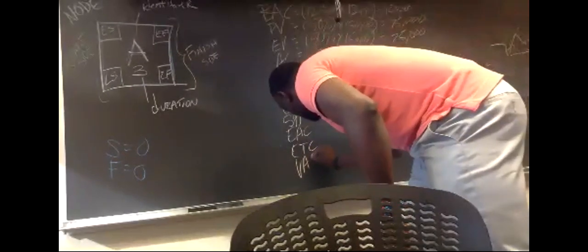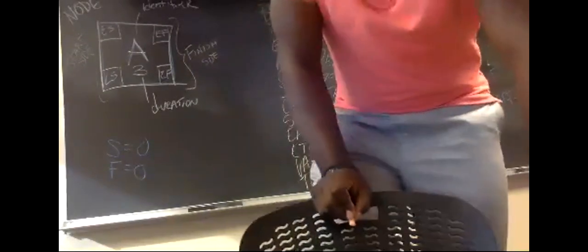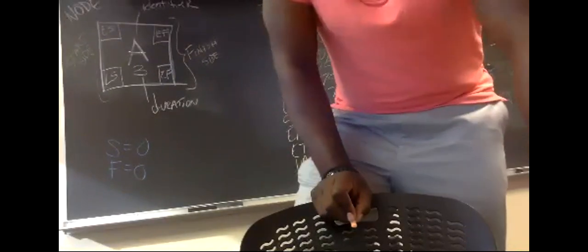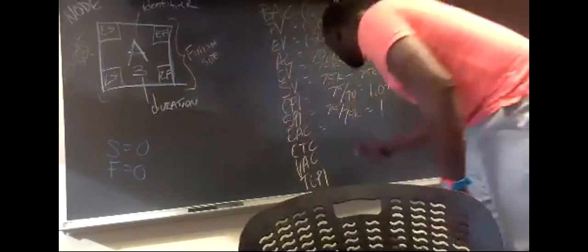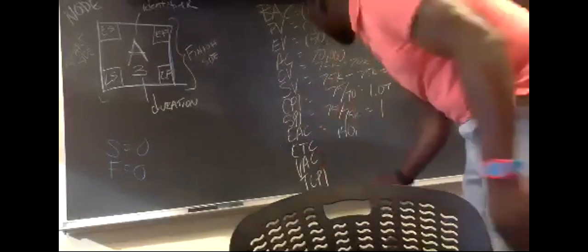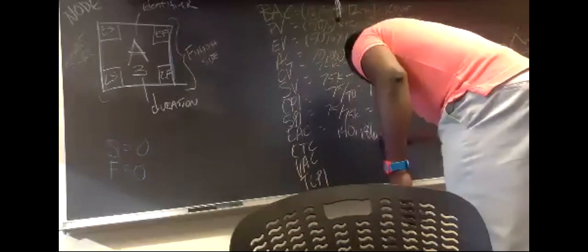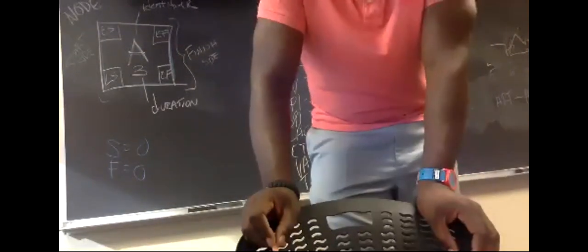Now EAC is the BAC, which is 150,000, divided by our CPI, which is 1.07, and we get $140,186.91. Guys, remember on your calculator, round to two decimal places after the point.